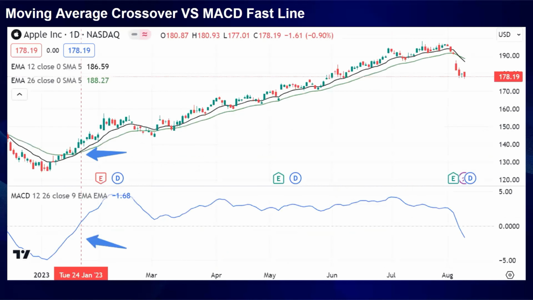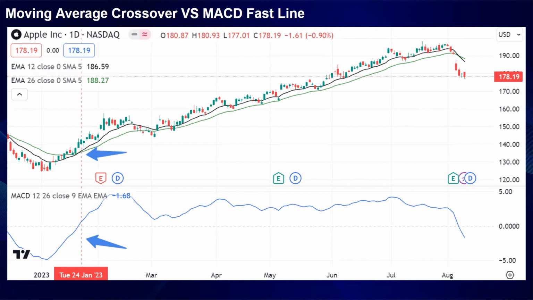Before I dive deeper into MACD, an example of traders using moving average crossover can be illustrated here for a better understanding. When the MACD fast line is positive, it means there is a crossover. This means the 12-day average is above the 26-day average.